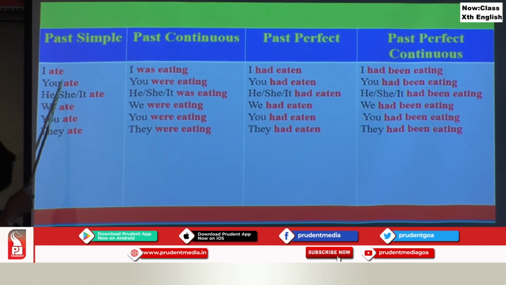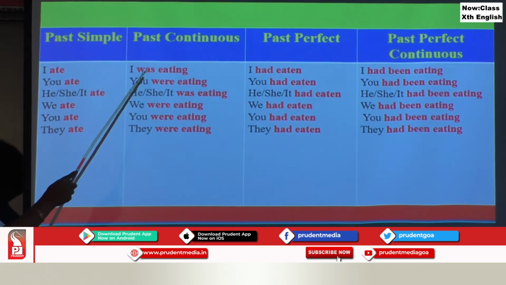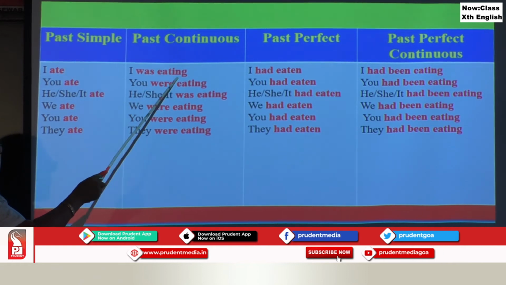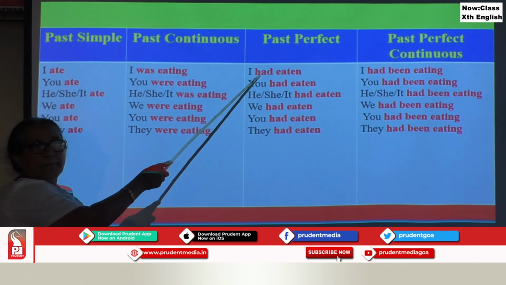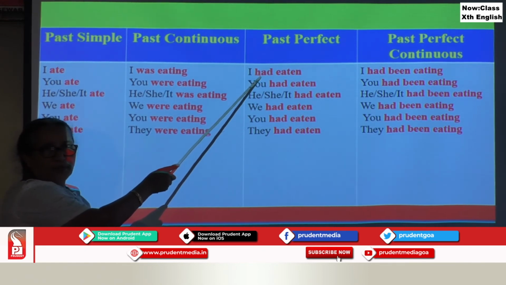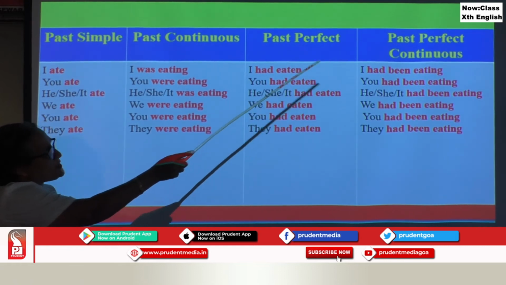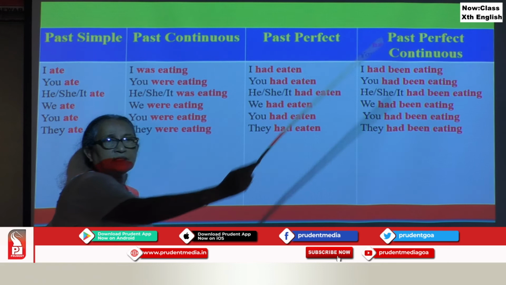Past simple, I ate, you ate, he, she ate, we ate, you ate, they ate. Past continuous will be past simple of verb to be plus ing form. Past perfect will be, perfect is verb to have. So past simple of the verb to have plus past participle. Past perfect continuous will be past perfect of the verb to be plus ing form.